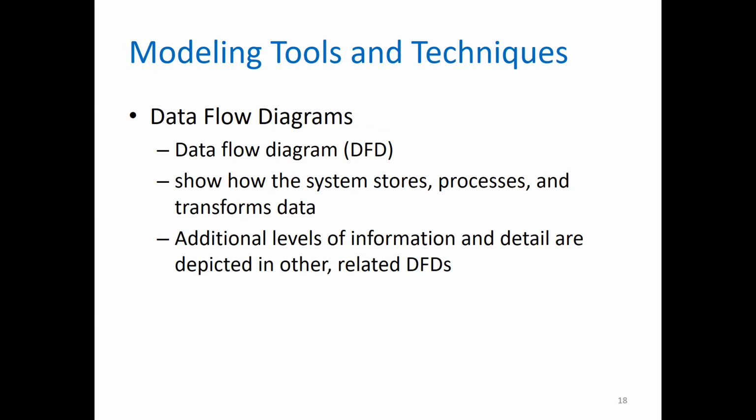In simple terms, it shows how data flows within the information system: how the system stores data, processes data, and transforms data from input into output. So that's the data flow diagram.